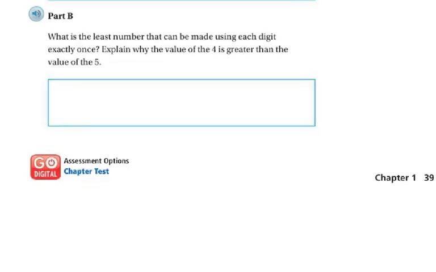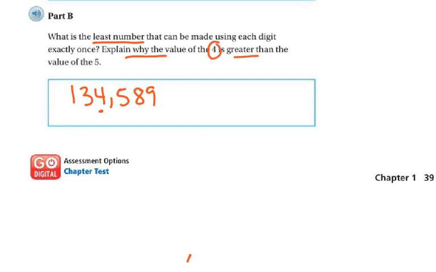Okay? And it's funny that they asked me this because remember, we already did it. But it says, what is the least number that you could possibly make using each digit once, and explain why the value of the 4 is greater than the value of the 5.